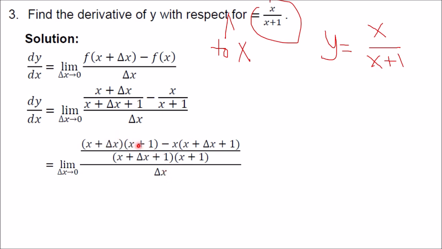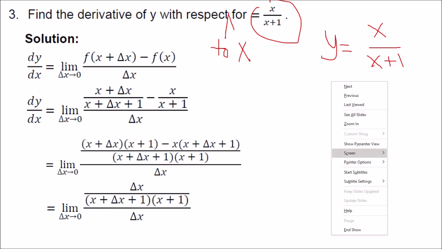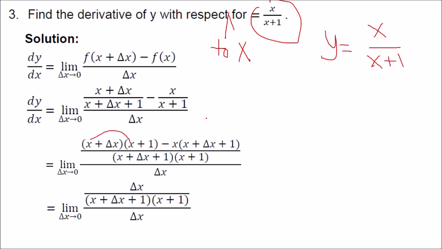Now, we have to simplify the numerator further. So, meaning we multiply this binomial times binomial. Ito, monomial times trinomial. So, i-multiply natin talaga isa-isa, distributively. Ito hindi na pinakita, but the result of the numerator is delta x na lang. Kailangan natin ipakita. X times x is x squared.